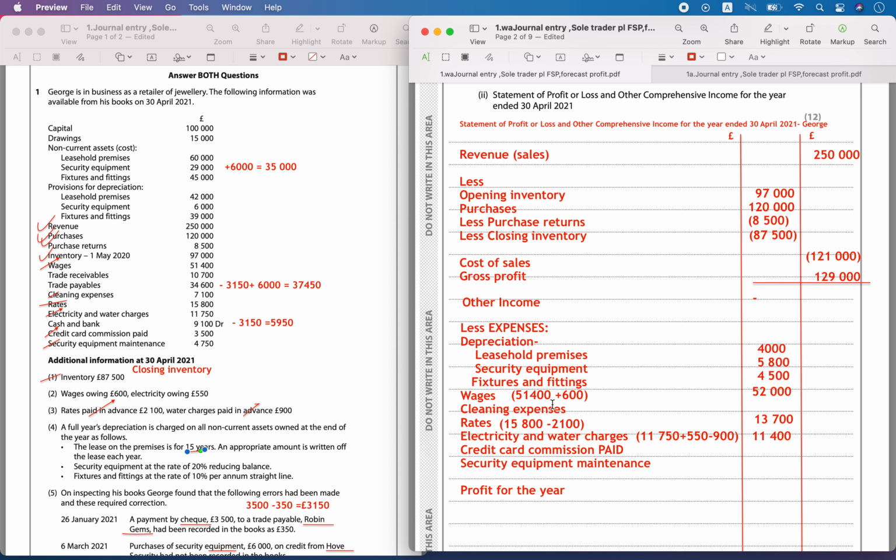Then the credit card commission paid was 3,500. And then security equipment and maintenance was 4,750.